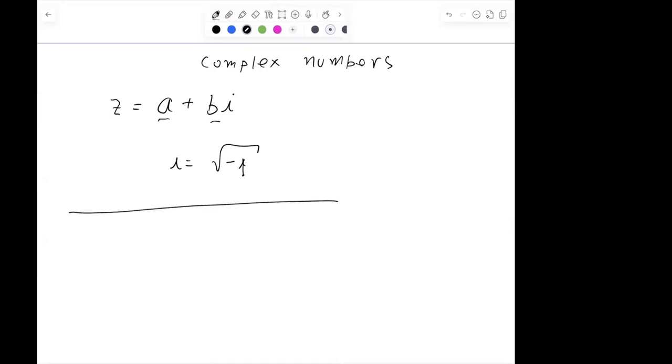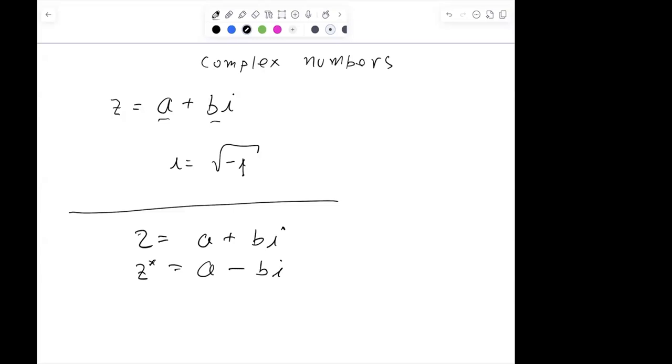What I do want you to note is a very important operation on complex numbers, which is called the conjugate. If Z is equal to A plus Bi, then Z conjugate is equal to A minus Bi. So the only thing we do when we conjugate a complex number is put a minus before its imaginary part.